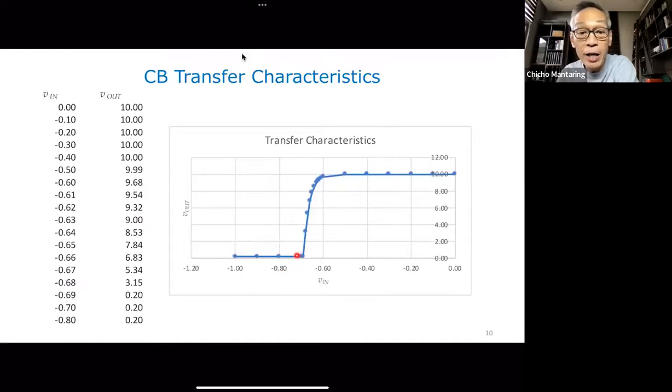Actually dapat yung limit is about 0.7, because here we're already overdriving the transistor. Okay. So what are our operating regions here? Here you are at saturation.